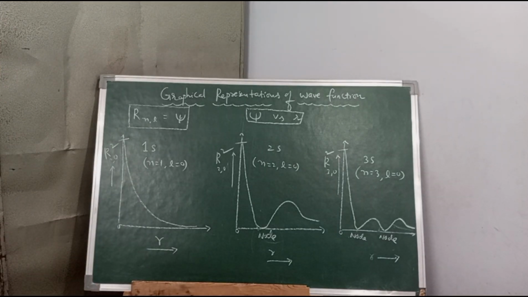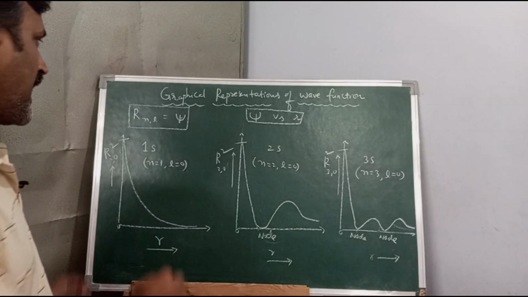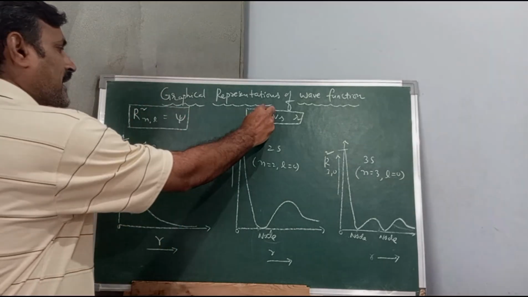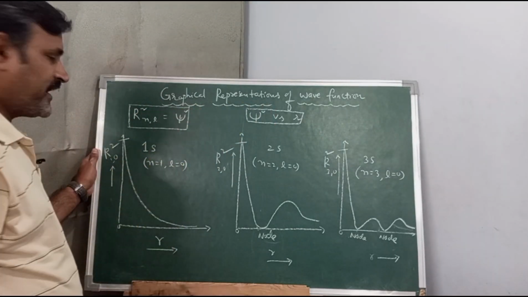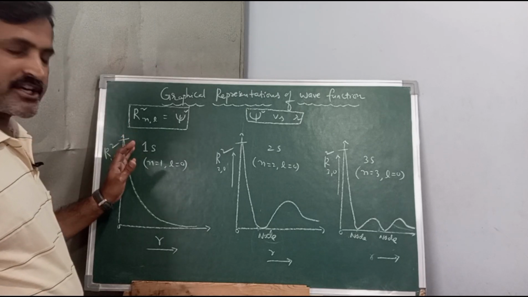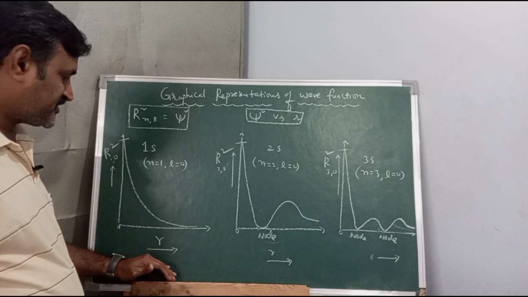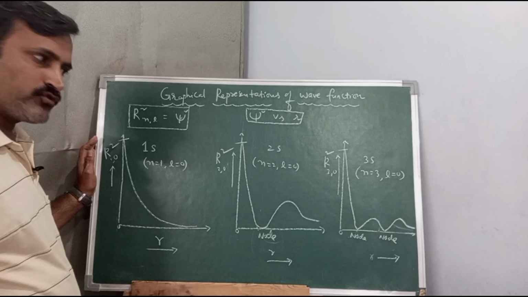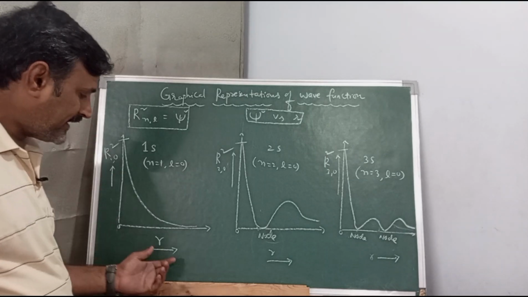Okay, dear students, now observe, I would like to draw the graph between the square of the wave function and radius. The square of the wave function we take on the y-axis and radius on the x-axis.